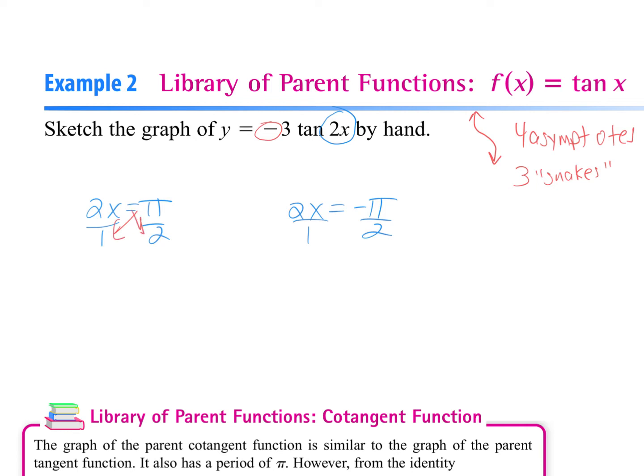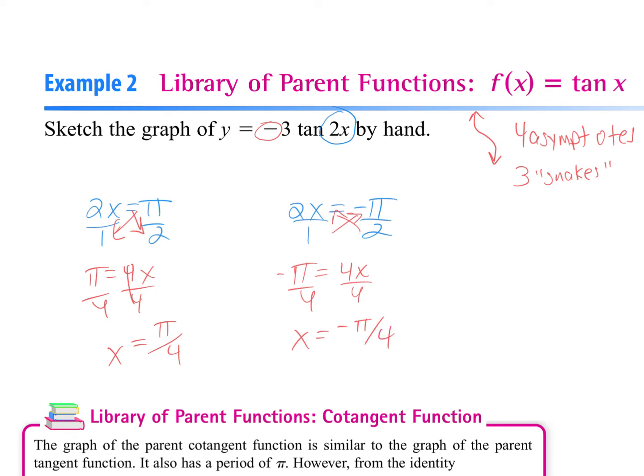Cross multiply, right? So I have pi equals 4x. Divide both sides by 4. So this asymptote is x equals pi over 4. Cross multiply, I get negative pi equals 4x. Divide by 4. And I get an asymptote at negative pi over 4.